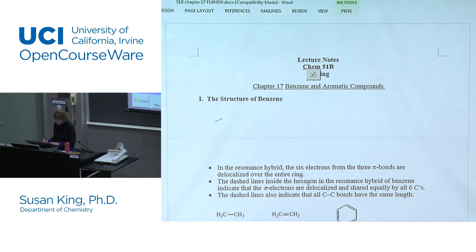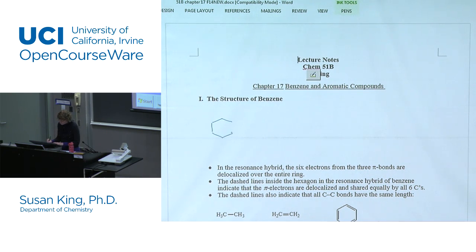So what do we know about benzene? Let's draw the structure of benzene. We know that it's resonance stabilized. So we can push these arrows around in a circle here. We have two equivalent resonance structures, equivalent energetically.